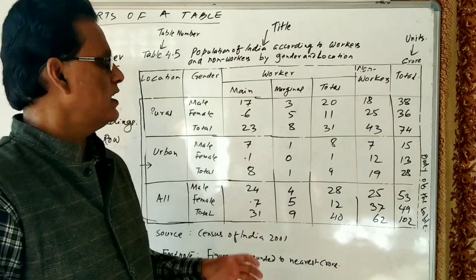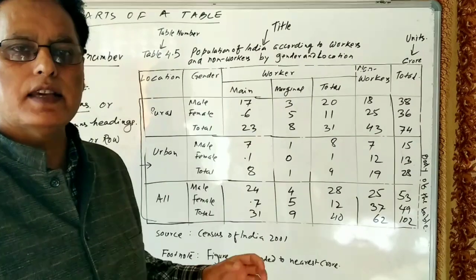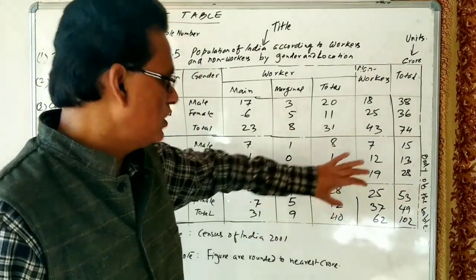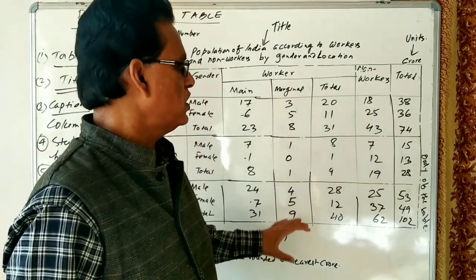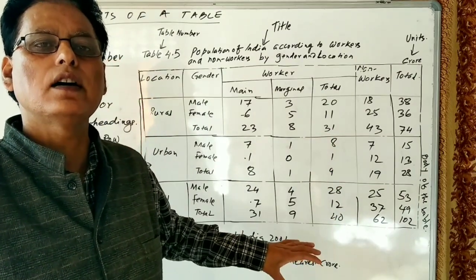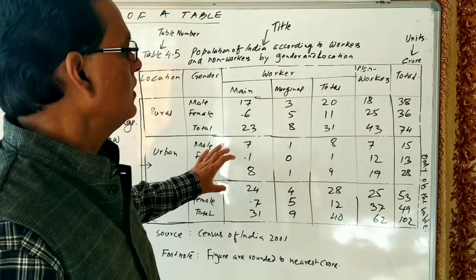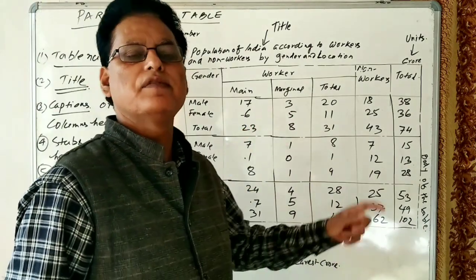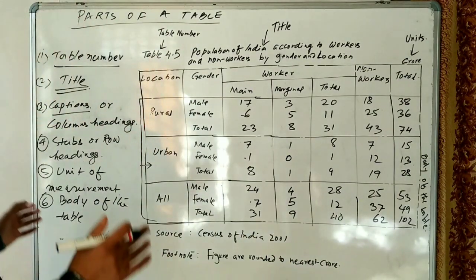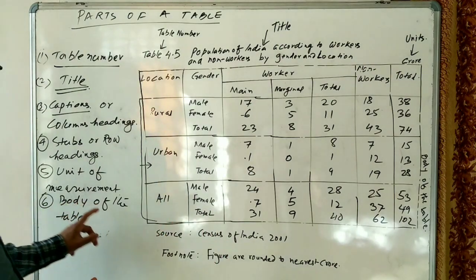So certainly 45 informations are given in the body. These all 45 informations are known as cells, and these are known as the information. So this table contains 45 information of workers and non-workers according to their gender and location.